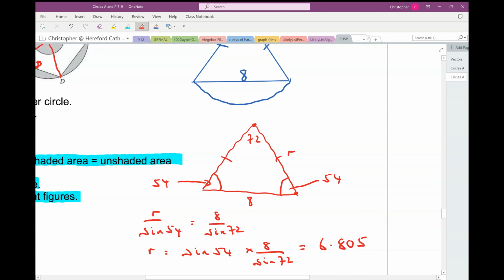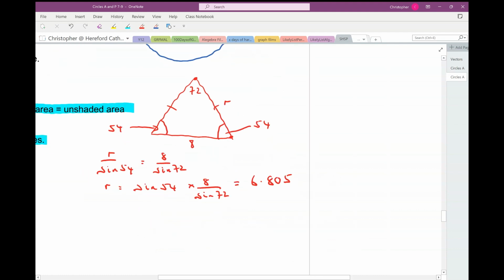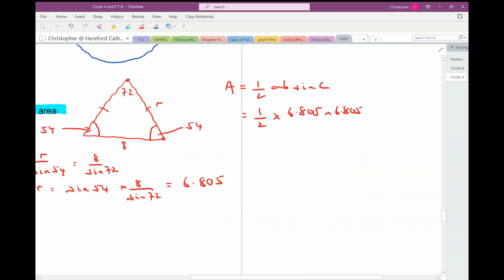So that's fine. So now I can work out the area of that triangle, because I can use a half ab sine C. So that'll be a half times 6.805 times 6.805 times sine 72.